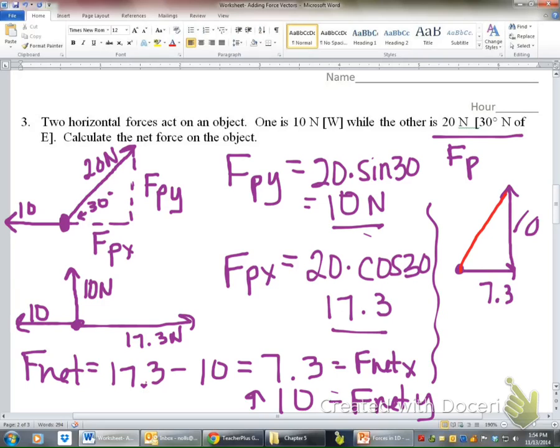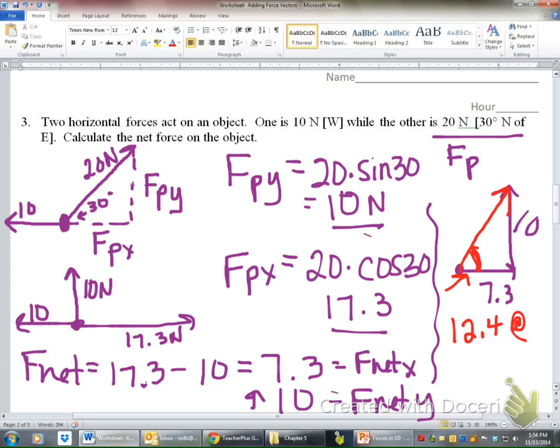Okay, so all we do now is find our resultant. And we find this angle, and that's our overall net force. Okay, 12.4 newtons at what? We're trying to find this angle right here.